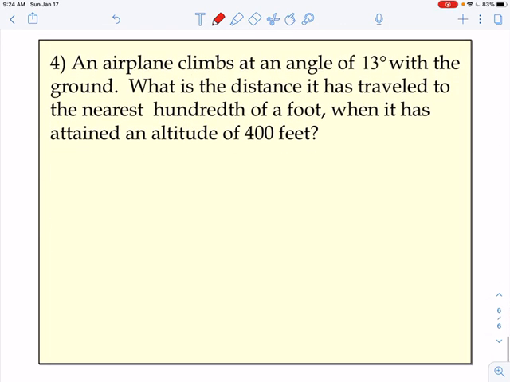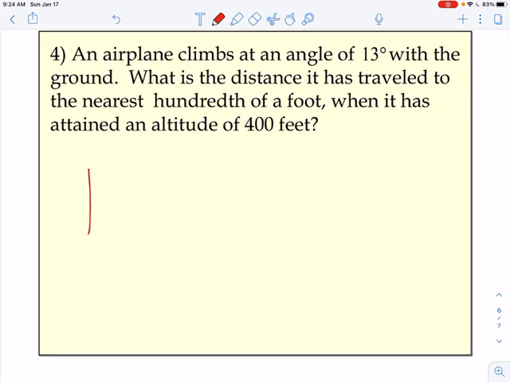Okay, and our last one. We have an airplane climbs at an angle of 13 degrees with the ground. What is the distance it has traveled to the nearest hundredth of the foot when it is attained an altitude of 400 feet? So again, we just need to kind of draw a picture of what's going on here. Okay, we're inside this SOHCAHTOA section, which means no matter what, I have to end up having a right angle, a right triangle.